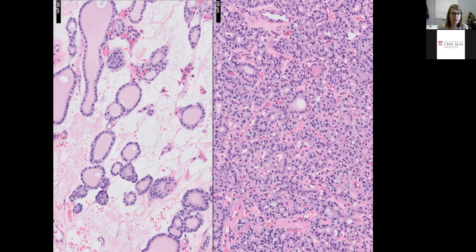Some of them are very compressed so that you don't get too much colloid. Some of them have this stromal edema in between, pushing the follicles out so they become widely spaced. Here they're colloid filled. So does anybody want to give a diagnosis for this case?